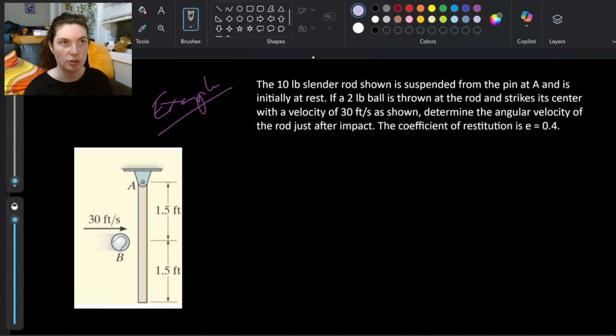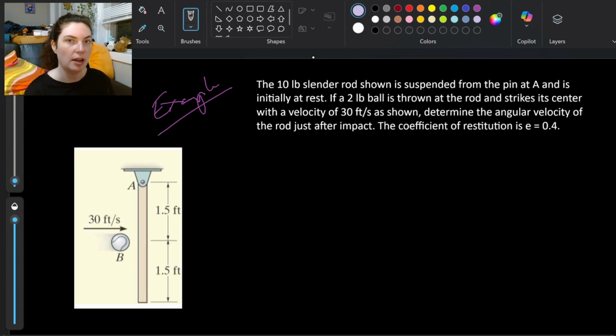They're not becoming intertwined or moving together. They're going to bounce off and have different velocities afterwards, which is determined somewhat by the coefficient of restitution. That coefficient of restitution is really a big flag that we've got an impact problem. We're going to have to use this e value to relate the velocities of this ball and this rod together.